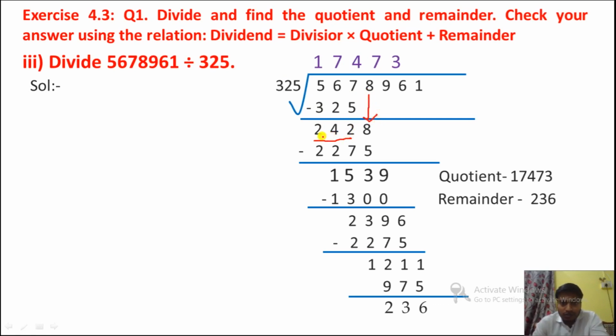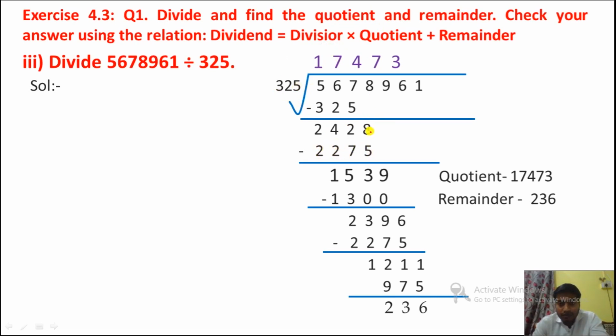Now bring down this 8 here. Now it became 2428. Now it will go how many times? 7 times. When we multiply this number by 7, we'll get 2275.